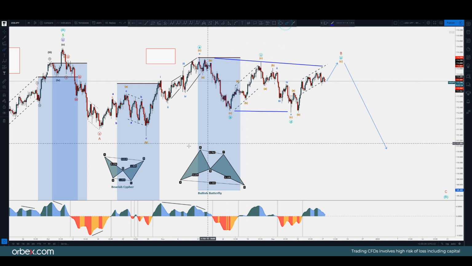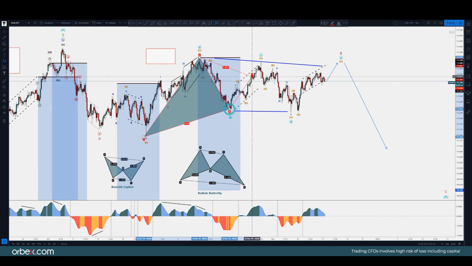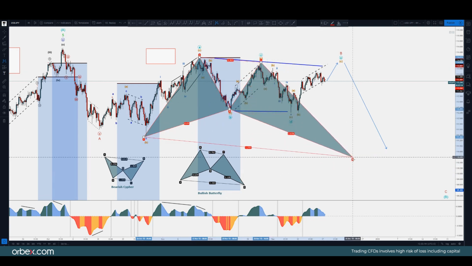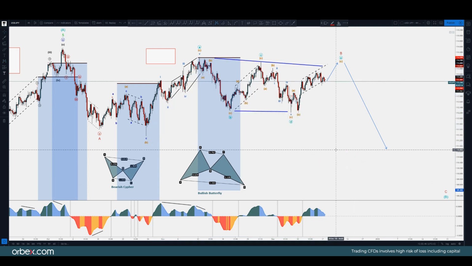I'm potentially labeling this as a bullish butterfly, but this would still need the leg on the downside, so it still points towards that probability.